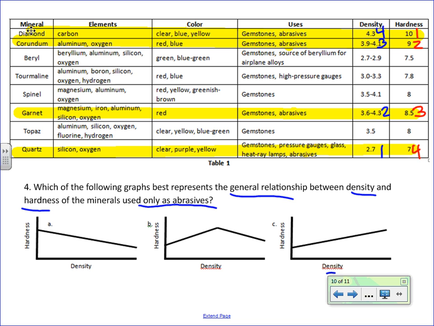What really happens is a replication of what we saw before with 1, 2, 3, 4, which makes which one true? C. As density increases, the hardness of substances used as abrasives also increases.